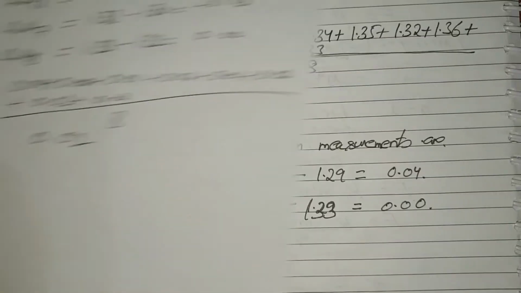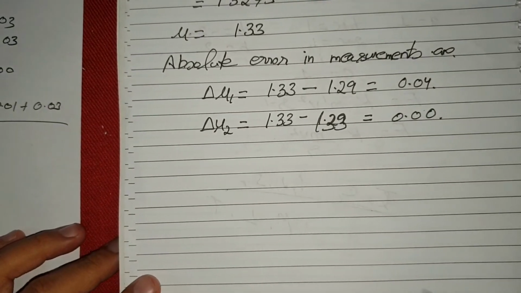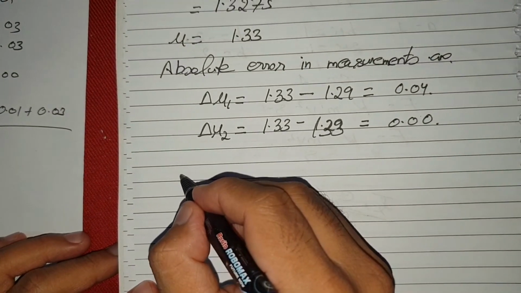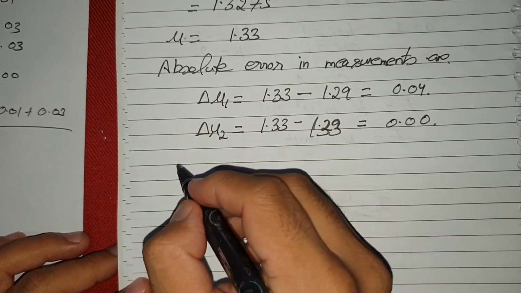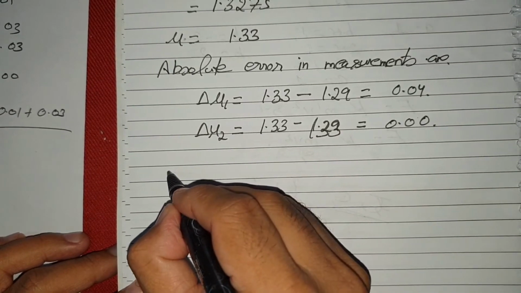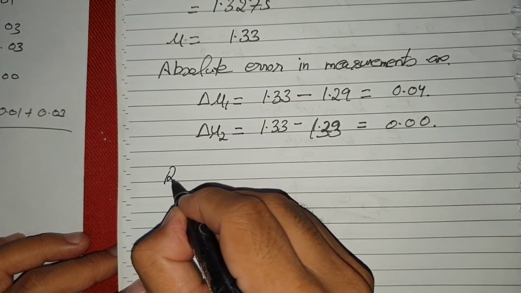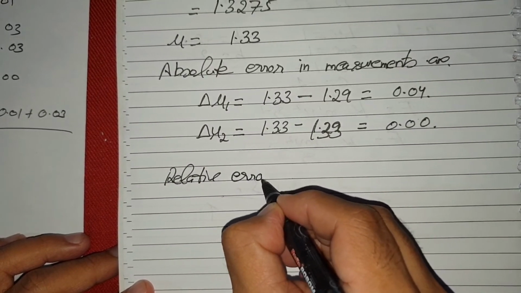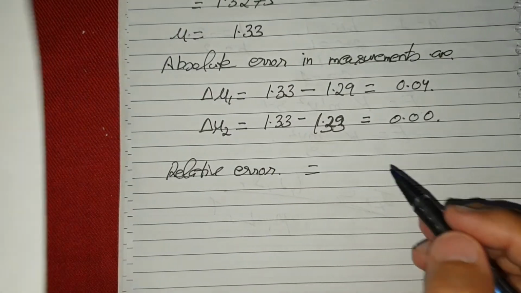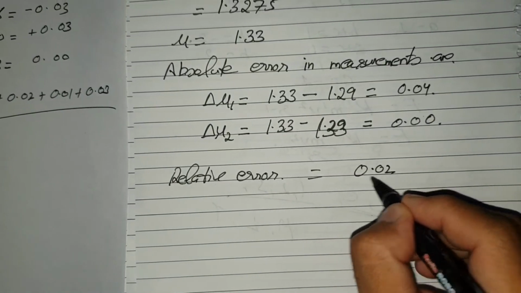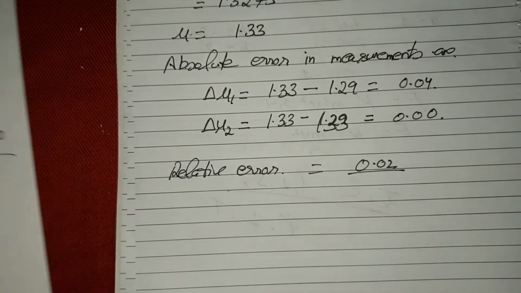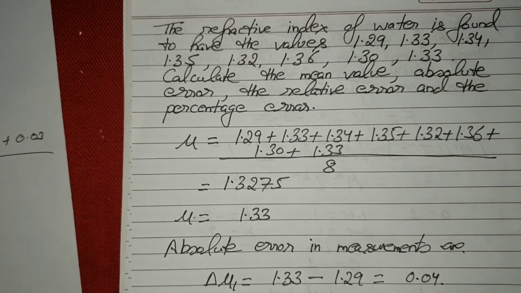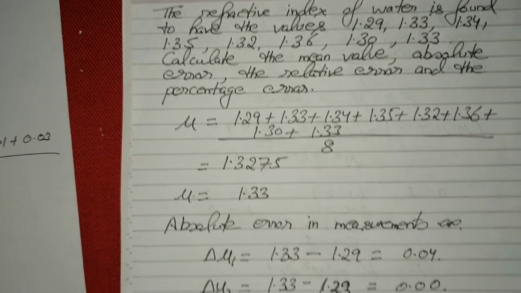Now what will be the relative error? Relative error, or the fractional error. So we write relative error is equal to this thing, 0.02 upon the measured value. The measured value is 1.33.